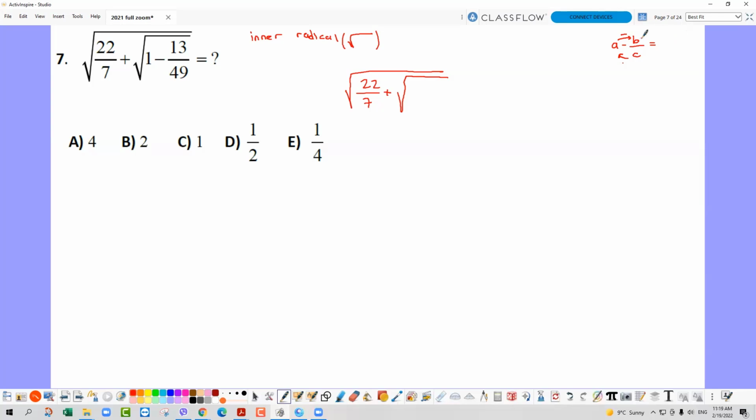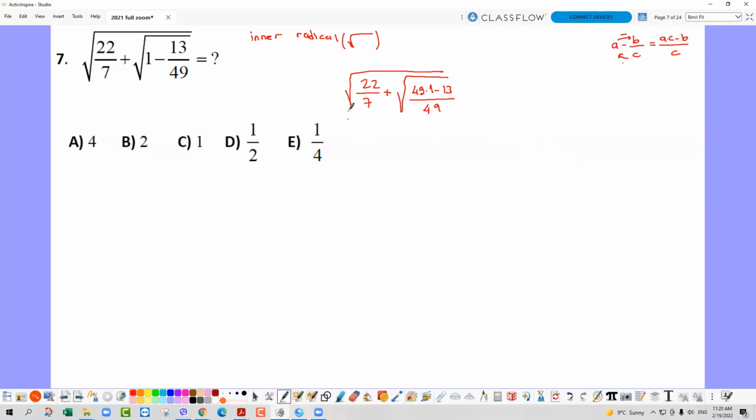I mean a times c minus b divided by c, which is equal to 49 times 1 minus 13 all over 49, it should be.